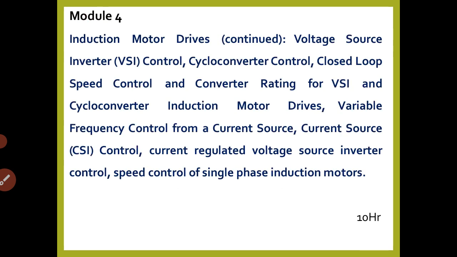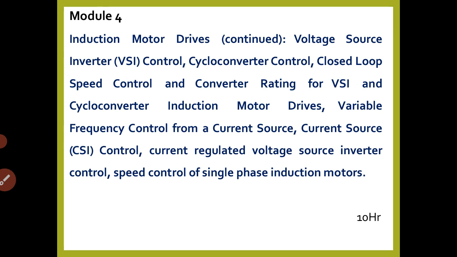Under module 4, induction motor drives, it is continued from module 3. Voltage source inverters, that is VSI, voltage source inverter control, then cyclo converter control, closed loop speed control and converter rating for VSI and cyclo converter induction motor drives, variable frequency control from a current source control and current regulated voltage source inverter control, speed control of single phase induction motor.